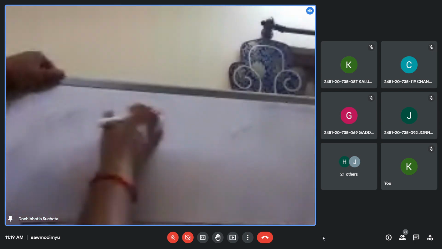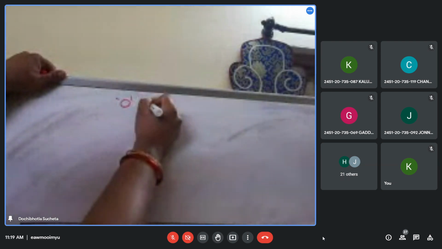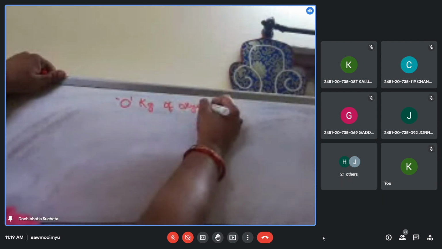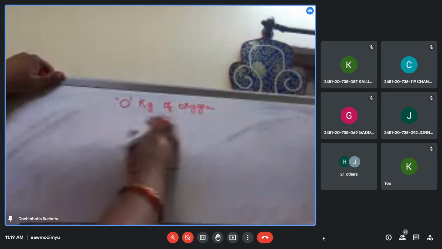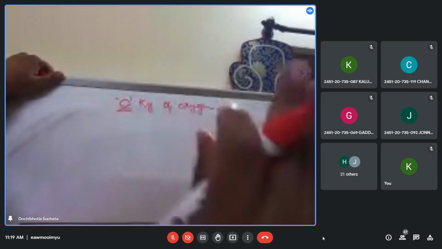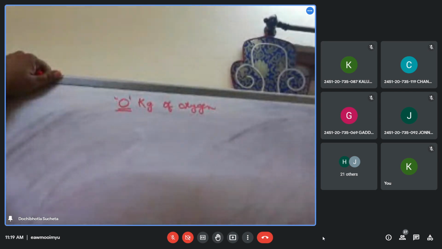Okay, so in the fuel, suppose there is O kgs of oxygen. I told you this O kgs of oxygen is never present just like that. It reacts with the hydrogen to form moisture.